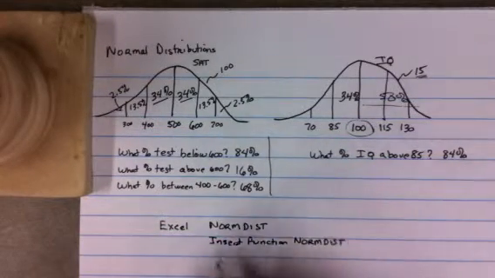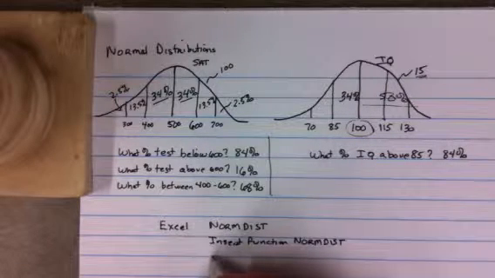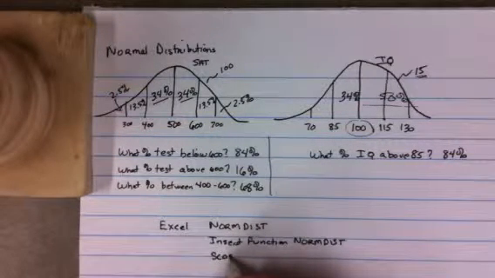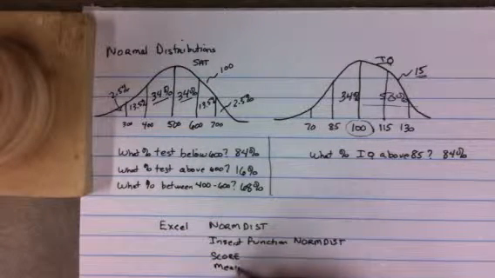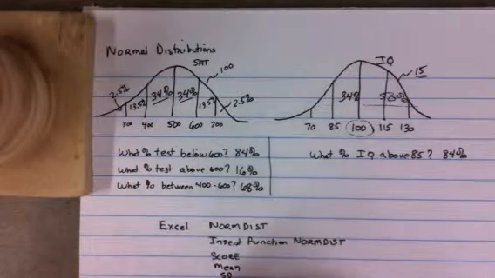And this program, you tell it what score you want to check for, and you give it the mean and the standard deviation. Also, you always answer true to the cumulative question. I won't get into it other than to just say whenever they ask you is the cumulative, you say true.